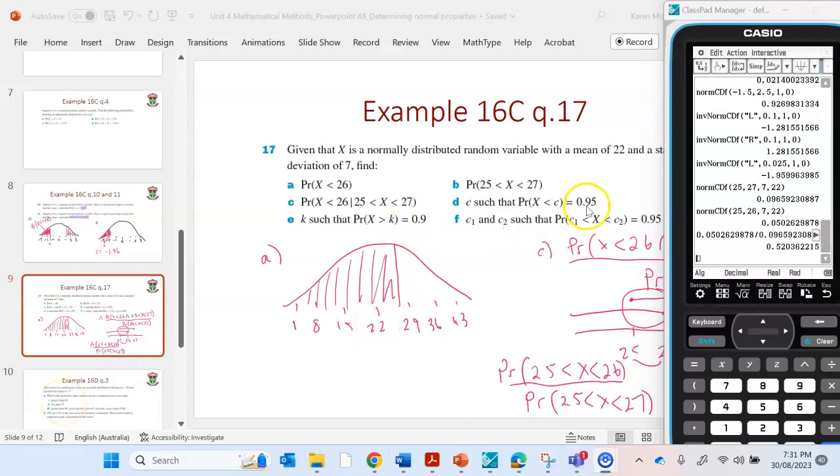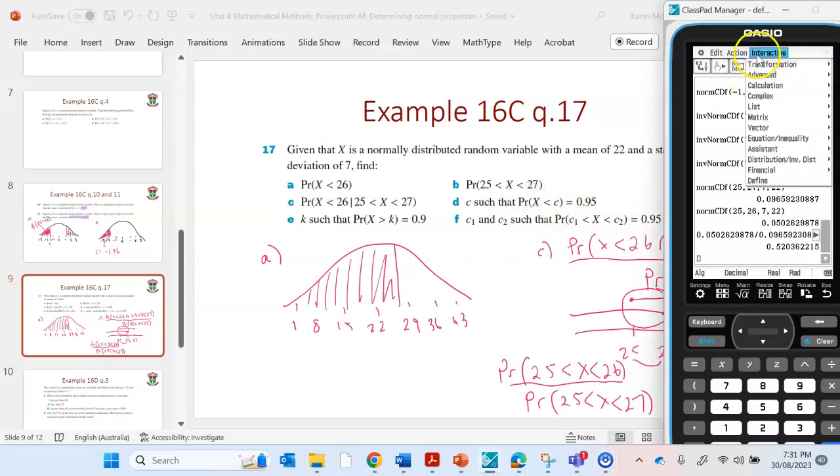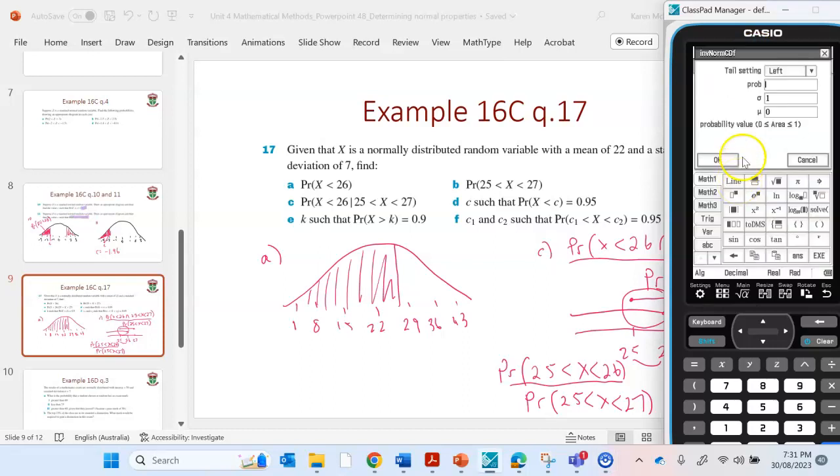So the next one, we're working out what this value of C is. So that's a hint to me that it's the inverse normal. So I'm going interactive, inverse, then inverse normal. All right, we want less than C, and it's quite a high probability. So it's less than, so it's still looking at the left side.